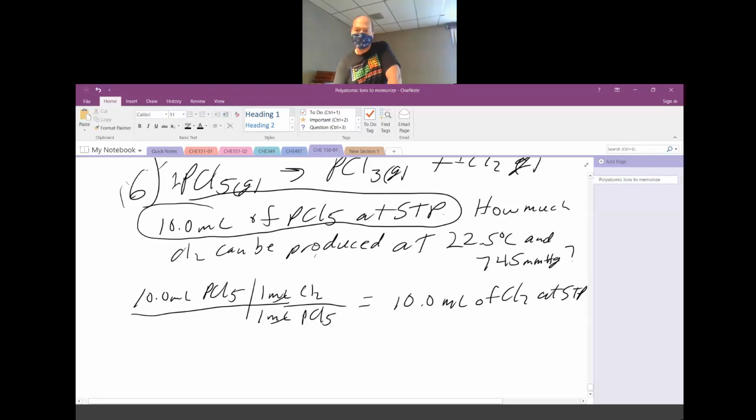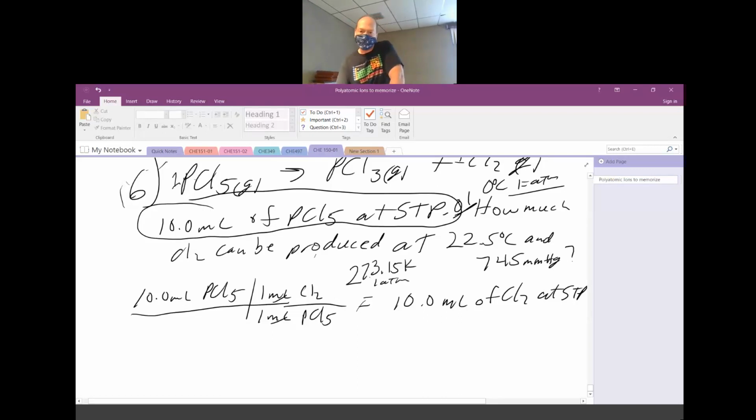I like to remember 0, 1 so I don't mess anything up. 0 is your temperature in Celsius, and 1 is your atmosphere. So that's your temperature and your pressure. Of course, we don't want Celsius, so STP is 273.15 Kelvin and 1 ATM.